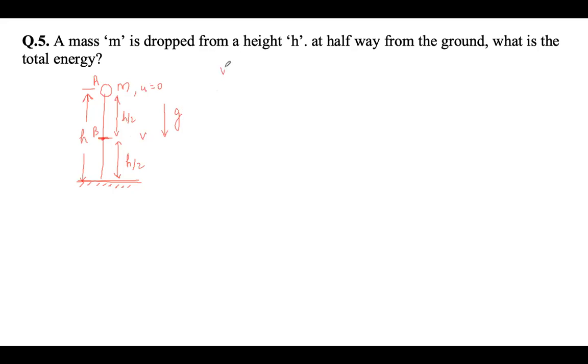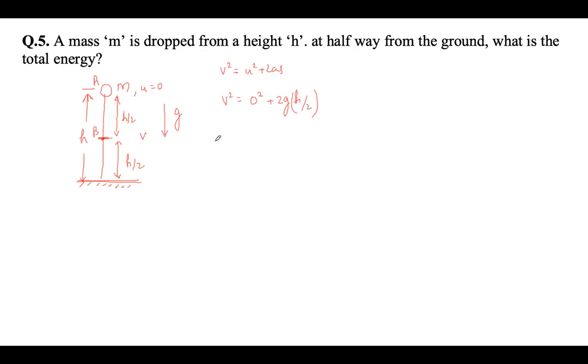From the third equation of motion, we know that v square is equal to u square plus 2as. V square is equal to, initial speed u is 0 square, plus 2 into acceleration in the downward direction g, and height h/2.